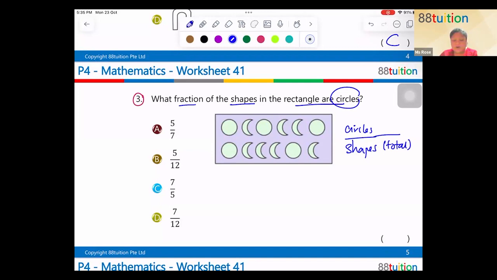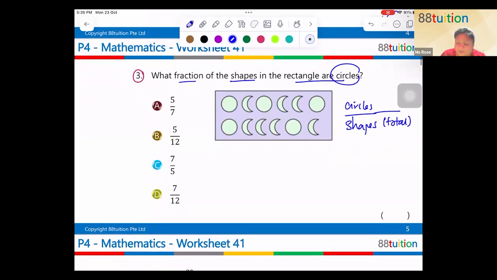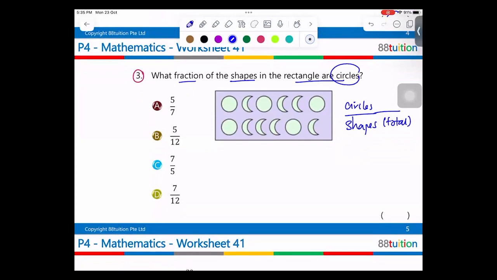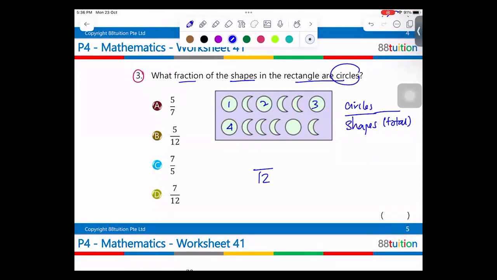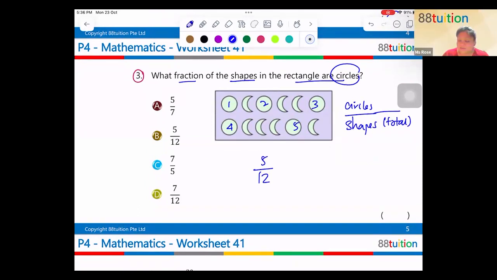What is the total number of shapes? 12. How many circles? 5. So 5 circles out of 12 shapes. The answer is option B.